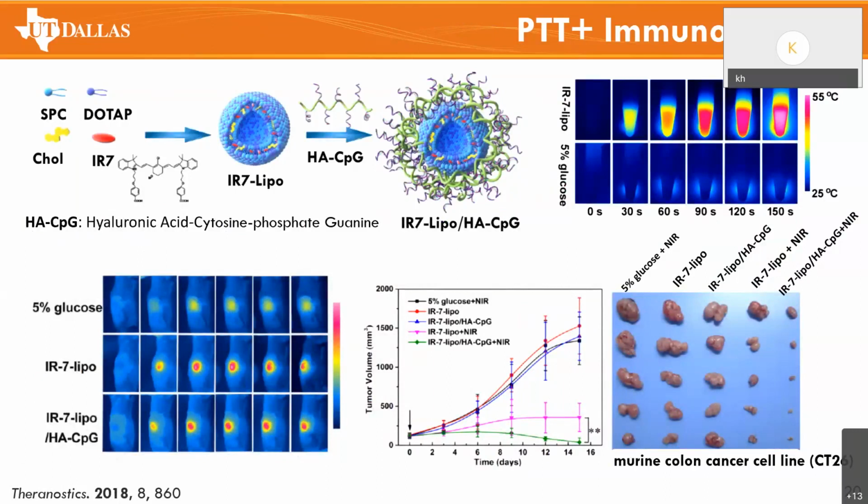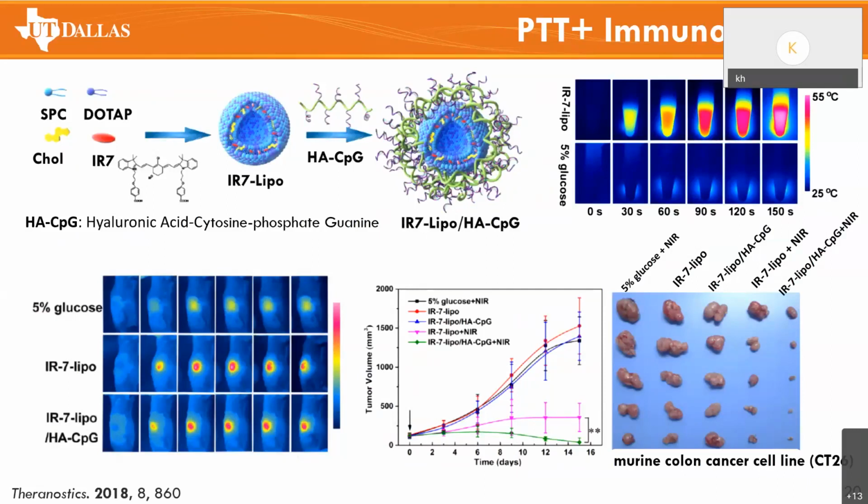IR7 is a new IR dye with high phototherapeutic efficacy after laser radiation. And CpG is an immunoadjuvant that potentiates the immune response to an antigen, and it binds to toll-like receptor 9 of antigen-presenting cells and enhances the expression of co-stimulatory molecules and releases different inflammatory cytokines.